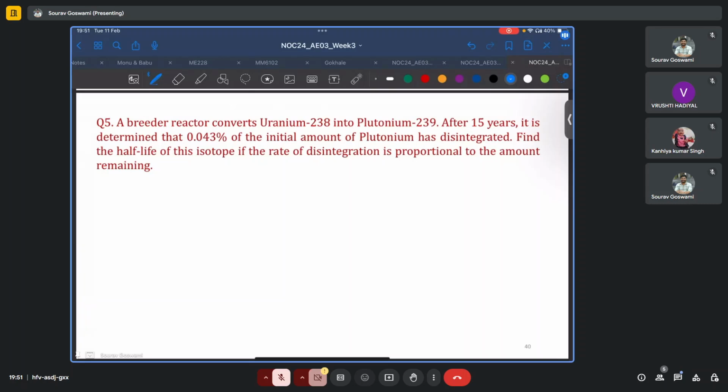We are told that the rate of disintegration is proportional to the amount remaining. So let us first describe the amount of plutonium remaining.